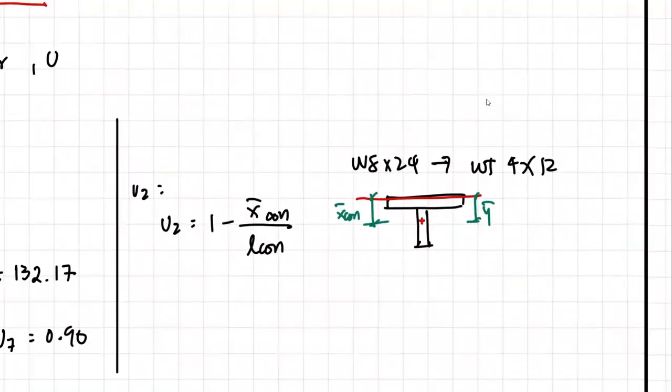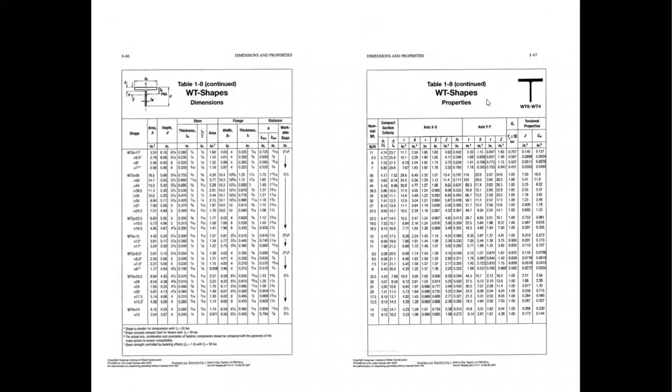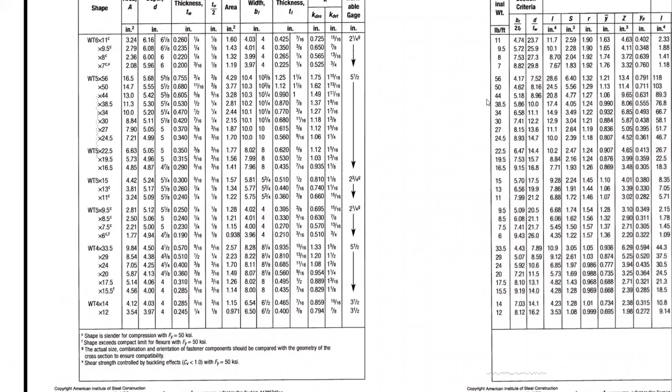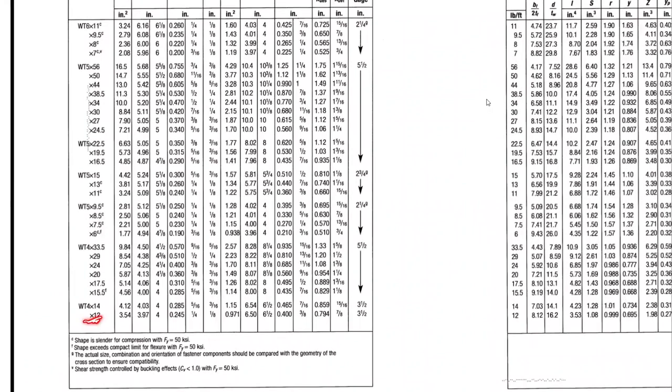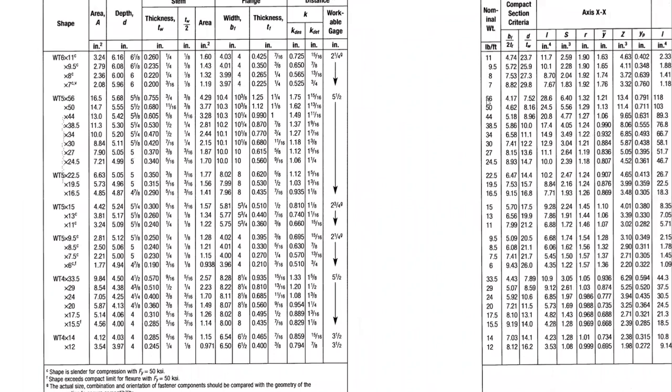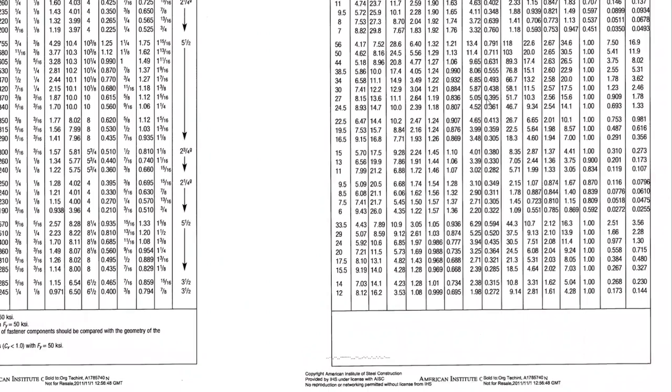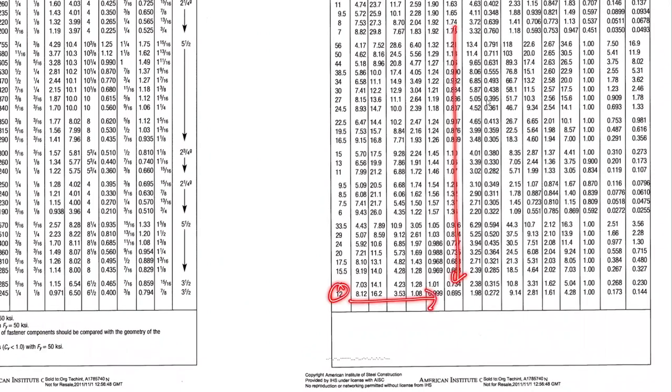Going to the WT shape table, we need to find WT 4 by 12. This is it. Then we need to get bar y, which is here. That is 0.695 inch.